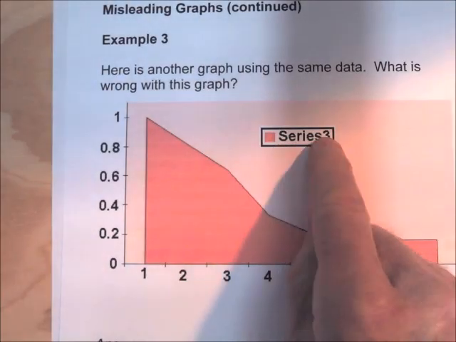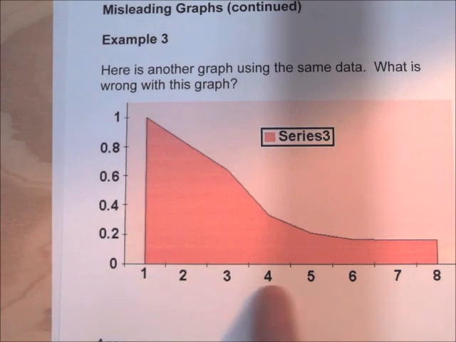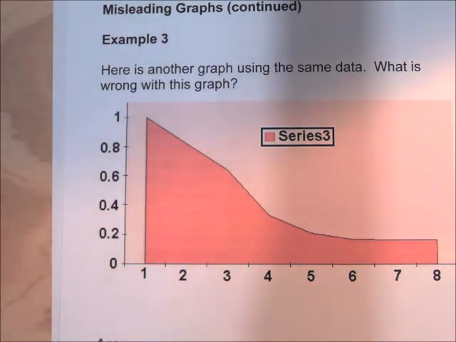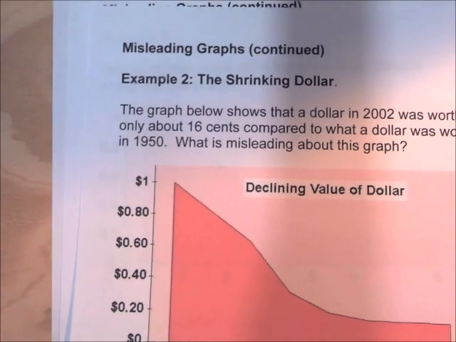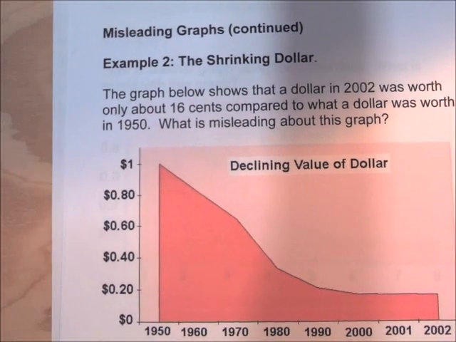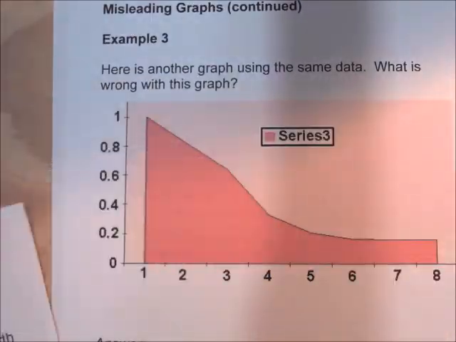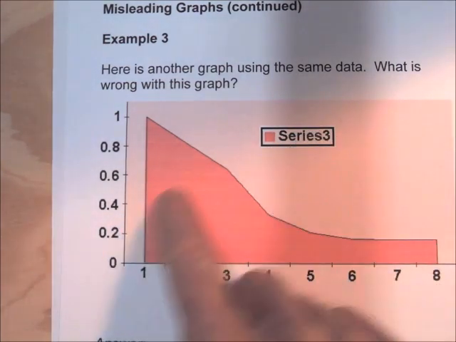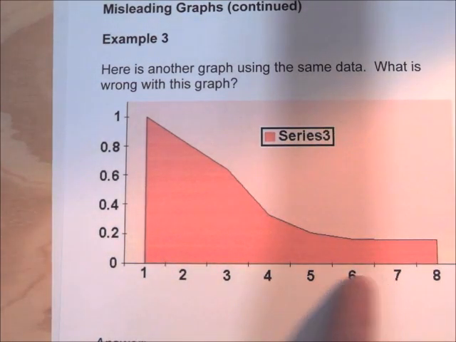But this one is the same data, series 3, whatever that means. And then we have these numbers at the bottom, 1, 2, 3, 4, 5, 6, 7, 8. We don't know what those mean. We have some decimals on the side. We don't know what those mean. I made both of these graphs using Excel, a spreadsheet. If you don't put labels in, Excel will make up its own labels, which may not really mean much in terms of the data.